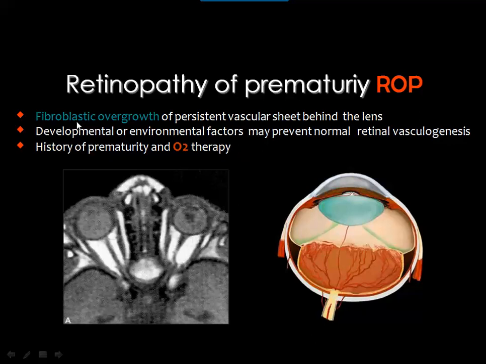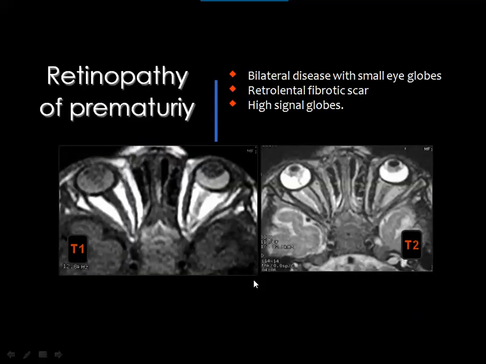This will result in fibroblastic overgrowth of the persistent vascular sheet behind the lens, and this will appear like this. You see an abnormal soft tissue density posterior to the lens, hence the name retrolental fibroplasia. And this disease is bilateral, and the globes are usually small.